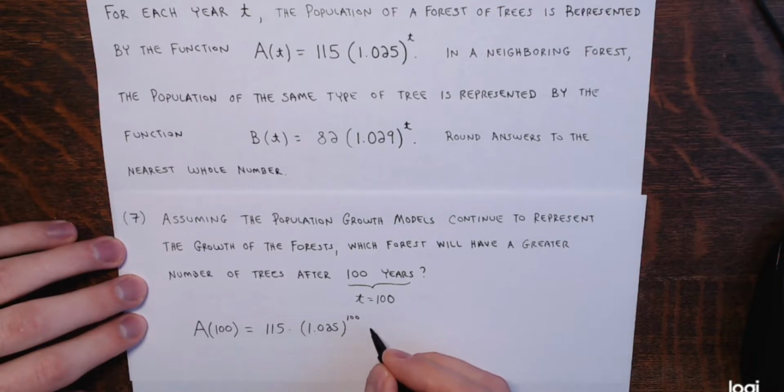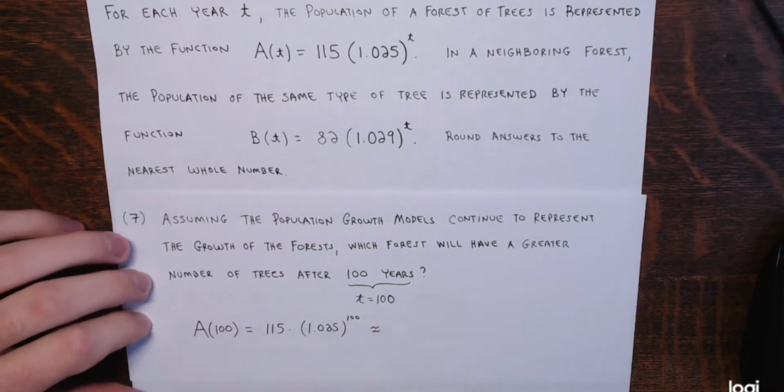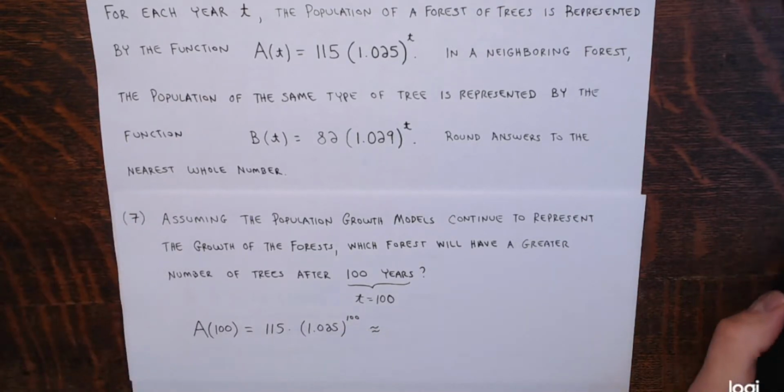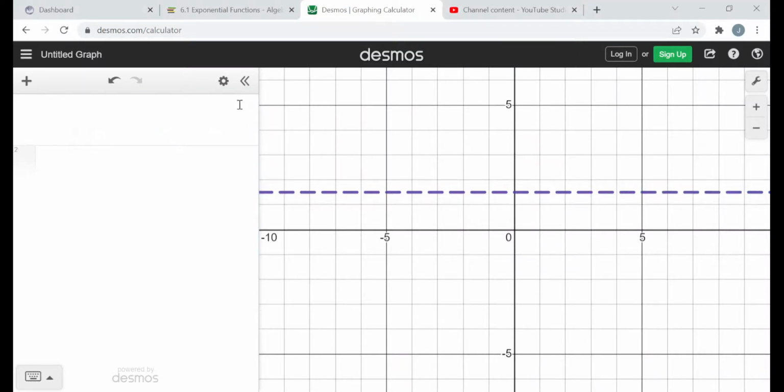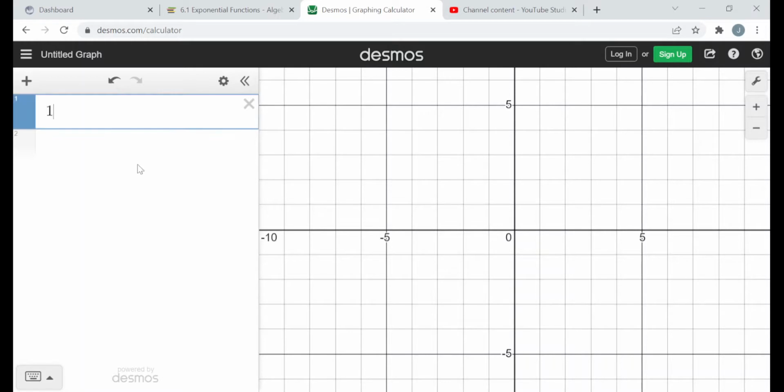And we're going to round this to the nearest whole number. All right, so again, I'm going to go to a calculator here. Let's get rid of this stuff from previous examples. And I'll just enter that calculation, 115 times 1.025 raised to the 100th power.